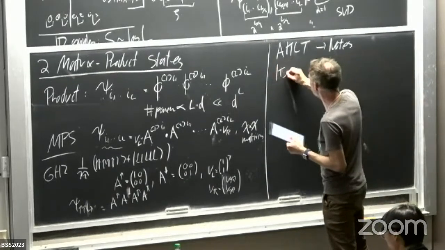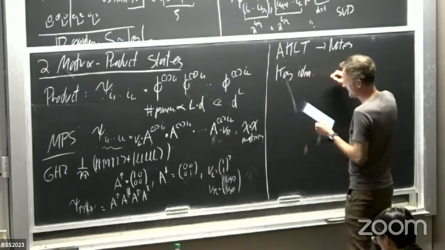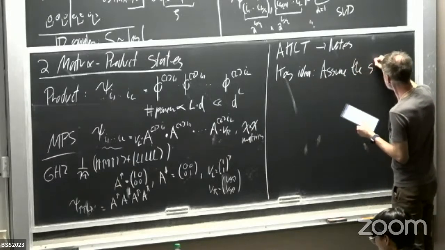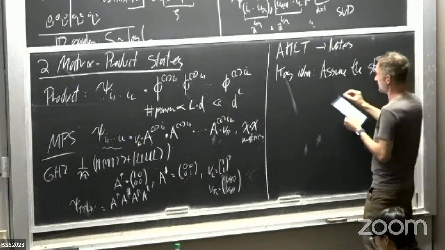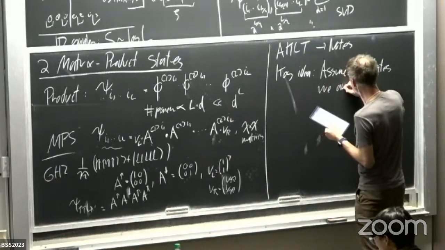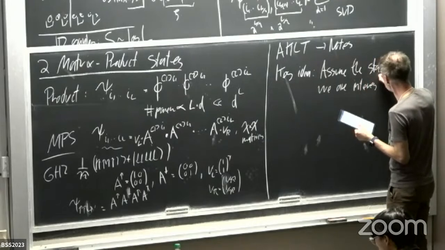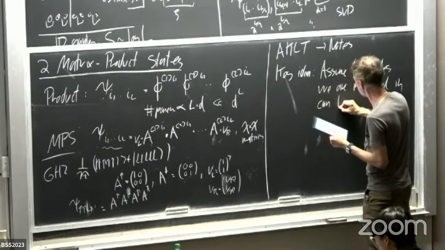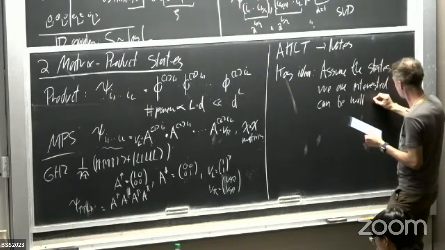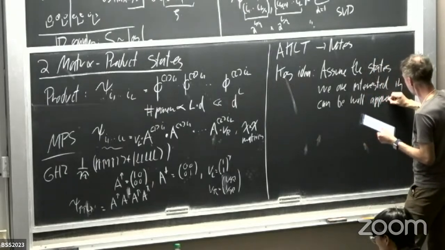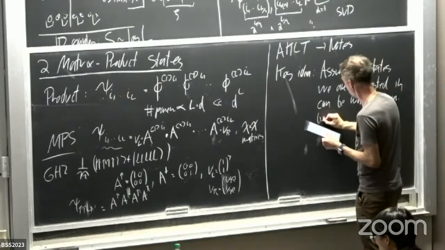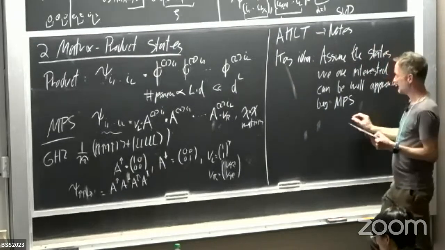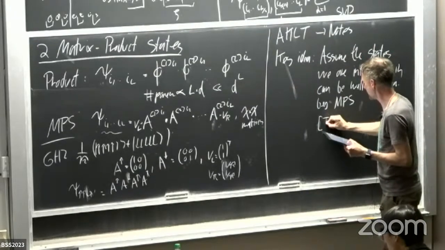The key idea that I want to follow now is to assume that the states we are interested in can be well approximated by MPS. And this is the case for all area law states.